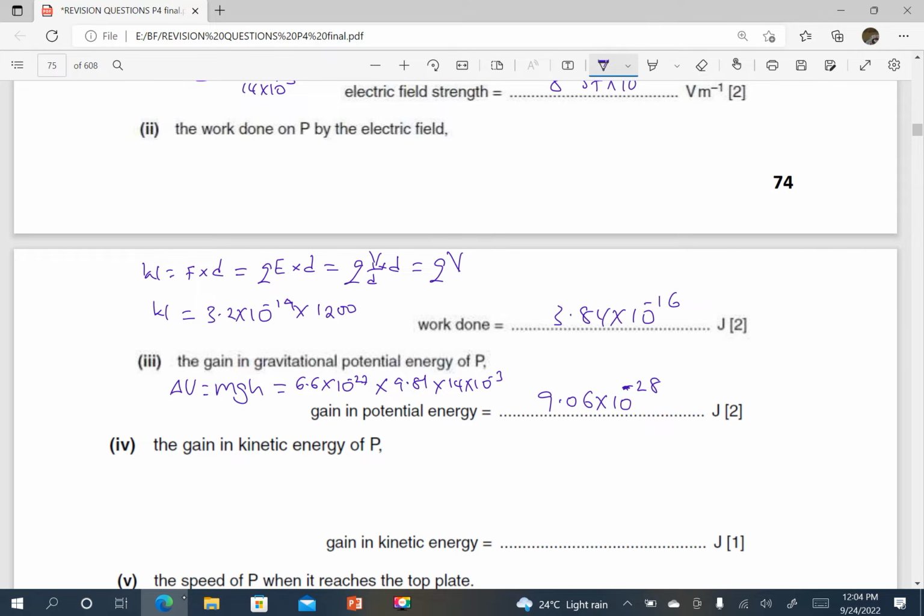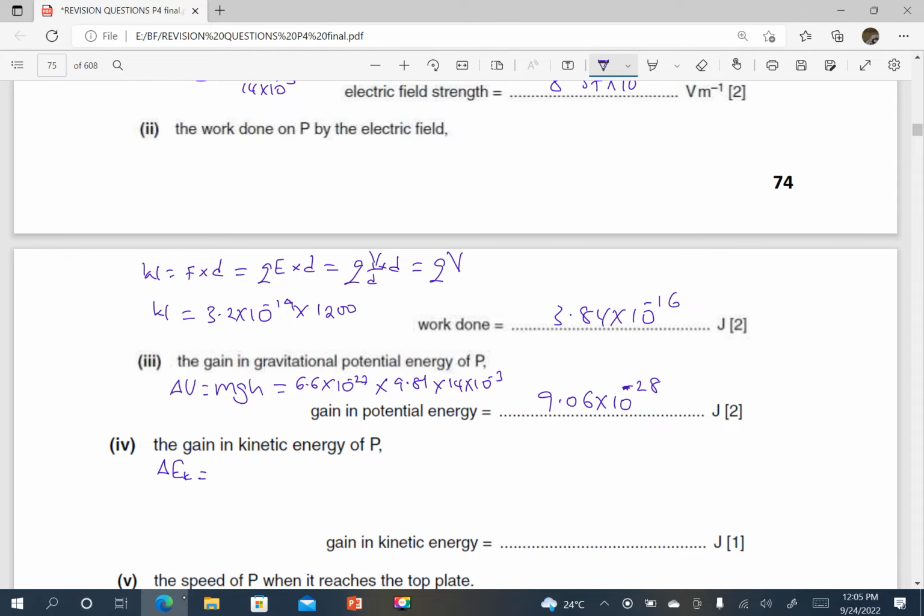Then the gain in kinetic energy, I will simply call it EK. Of course, gain in kinetic energy is a half mv squared. Something is disturbing me.